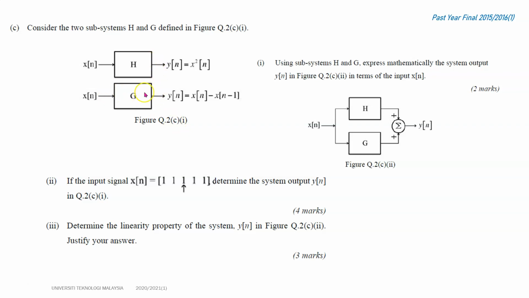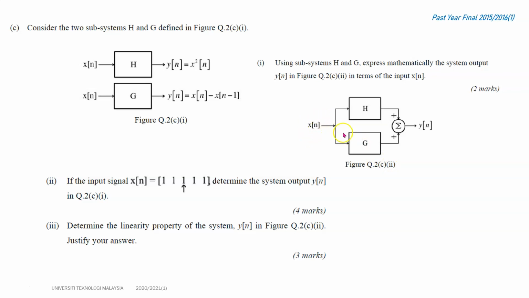We have two systems here with the same input Sn, and it's given for question 1 first: using subsystems H and G, express mathematically the system output Yn in figure Q2C2 in terms of the input Sn.